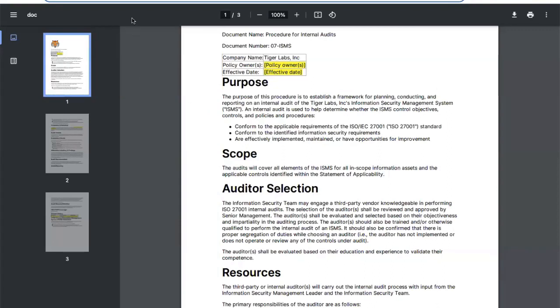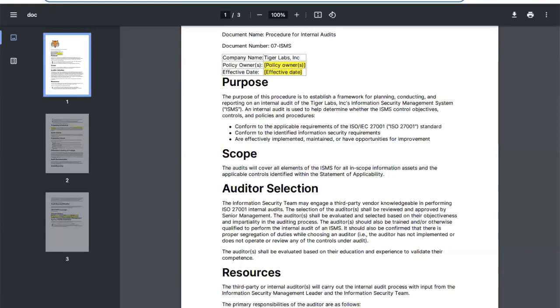In addition, the organization shall plan, establish, implement, and maintain an audit program, including the frequency, methods, responsibilities, planning requirements, and reporting. You'll also take into consideration the audit criteria and scope for each audit, selecting auditors, ensuring the results are reported to management, and the retention of documentation. That's more or less the ISO requirements in a nutshell.